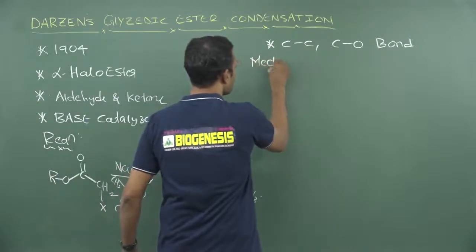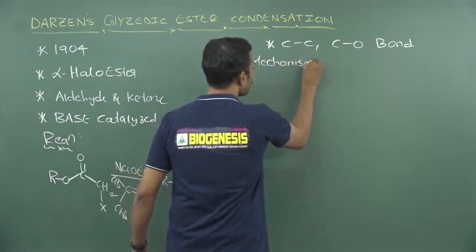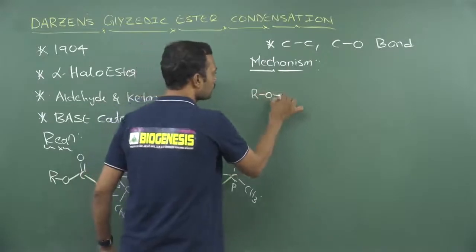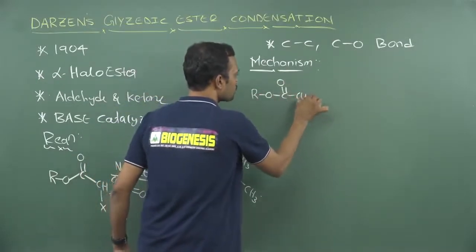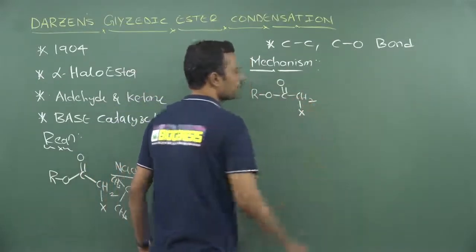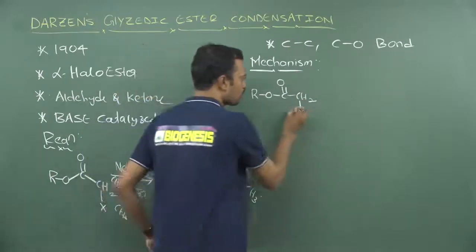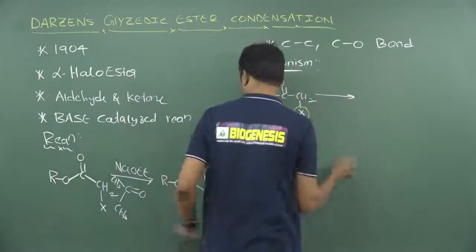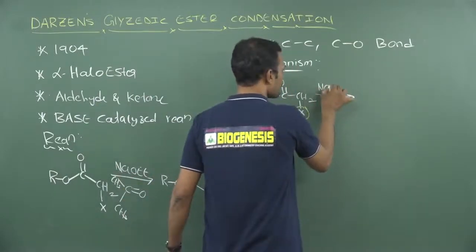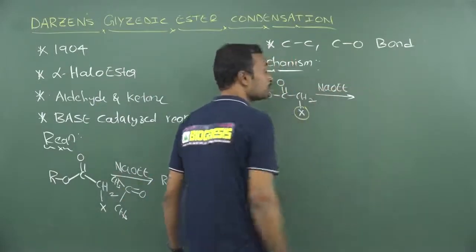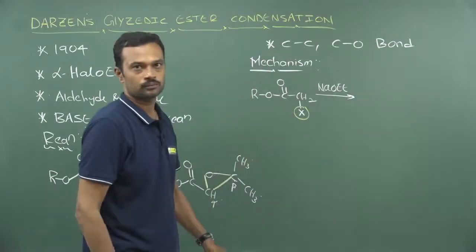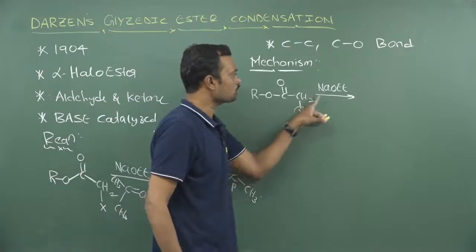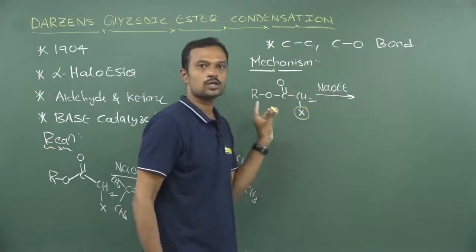Now, the mechanism involved in this reaction. First I am taking an ester having alpha hydrogens as well as an alpha halogen. This alpha halogen acts as an excellent leaving group. Now I am using a base, NaOEt. It is similar to an aldol type of condensation. What is an aldol condensation? Deprotonation at the alpha position with the help of a base, which gives an enolate ion.